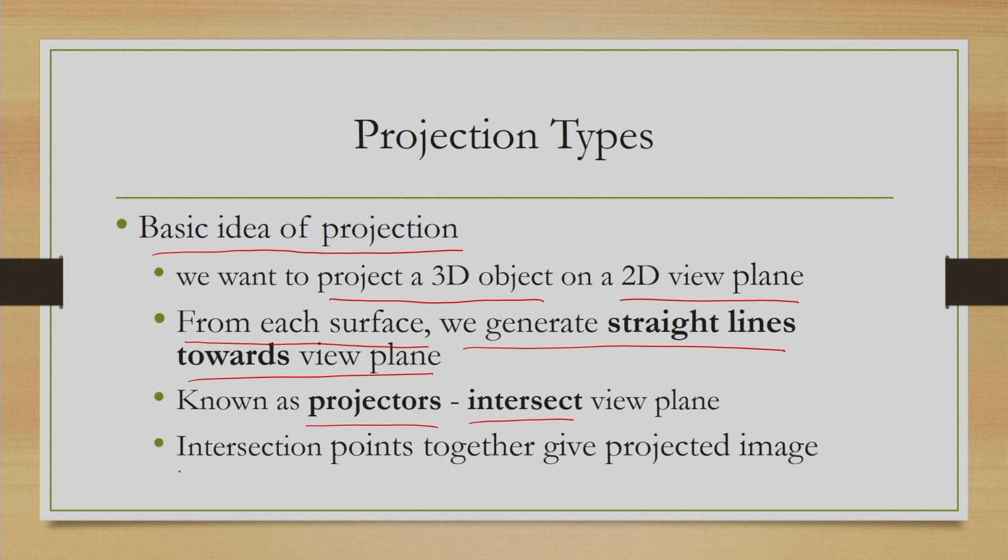When we put together these intersection points, we get the projected image. So, essentially we generate projectors that are straight lines originating from the surface points in the original scene, and these lines go towards the view plane, intersect it, and these intersection points taken together give us the projected image.